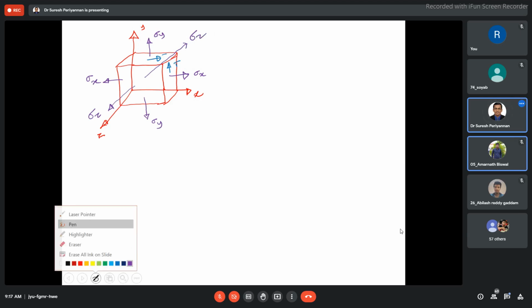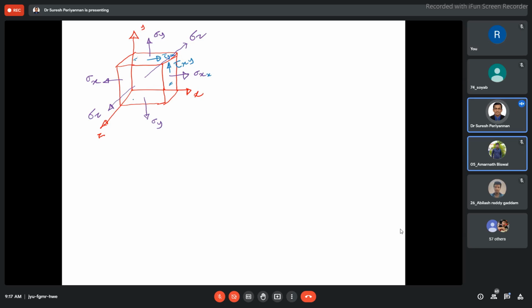This is the y plane, and yx is the x direction. This is the x plane, y direction. Similarly here, this is the shear stress, tau yx, this is tau xy.